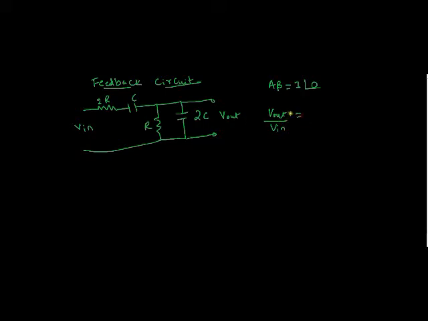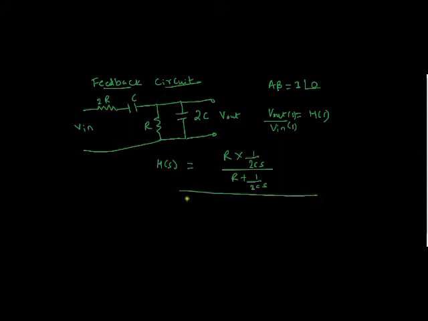This is V out upon V in. Let's say in the s-domain this is H of S. This is the feedback. With the usual method we calculate this: this is the output and this is the input. H of S is calculated this way: R into 1 over 2CS upon R plus 1 over 2CS, this part, upon V in.